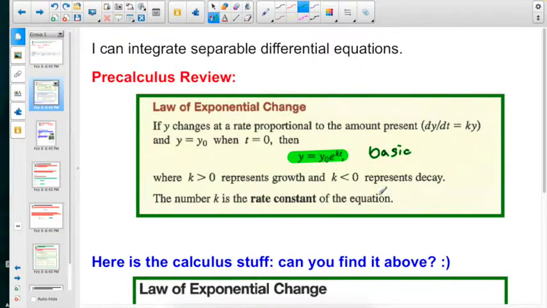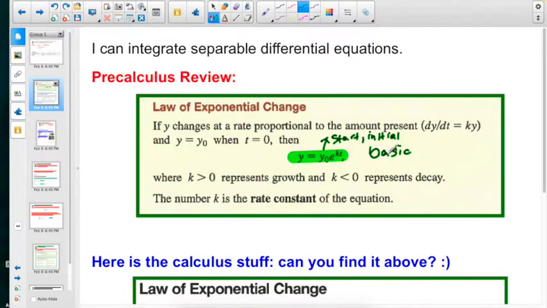And so when we're talking about the components of this model, we're talking about this y sub 0 as being our start or our initial value. And as we've worked a bunch of initial condition problems, that should probably have new significance for you.